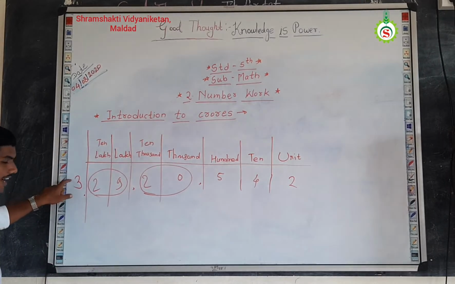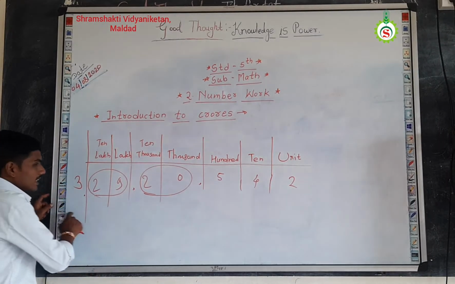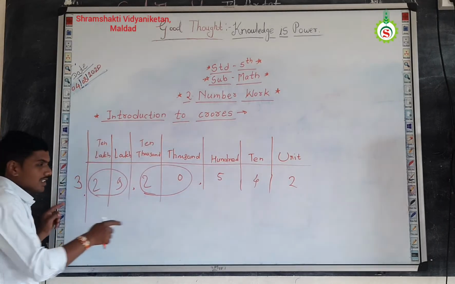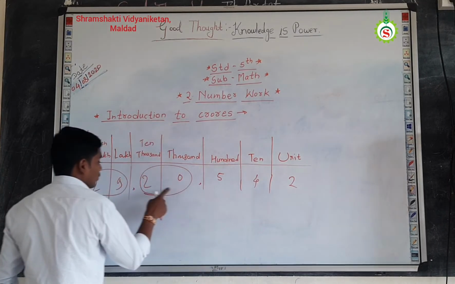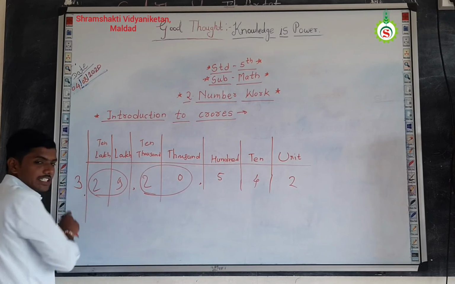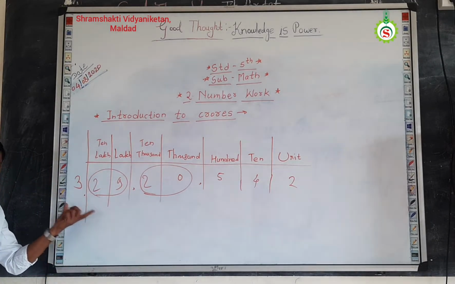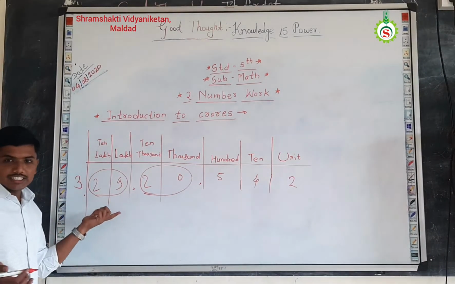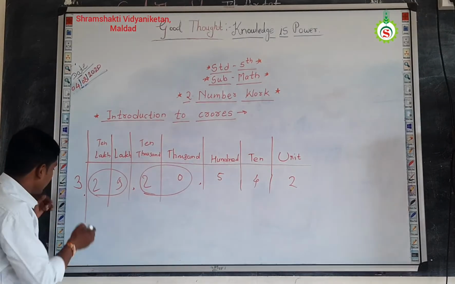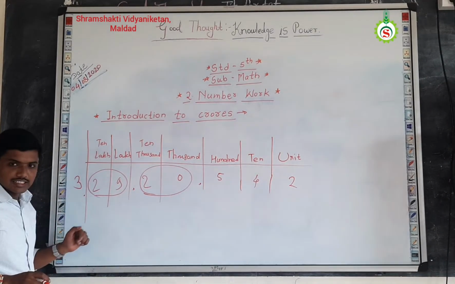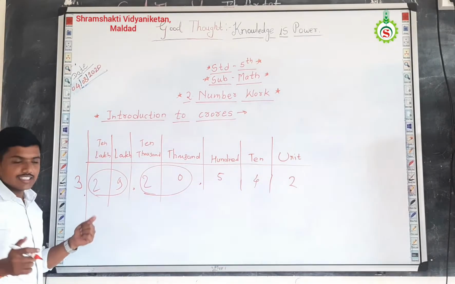Now how many digits does that number contain? 1, 2, 3, 4, 5, 6, 7 and 8 digits. So that number becomes an 8-digit number.